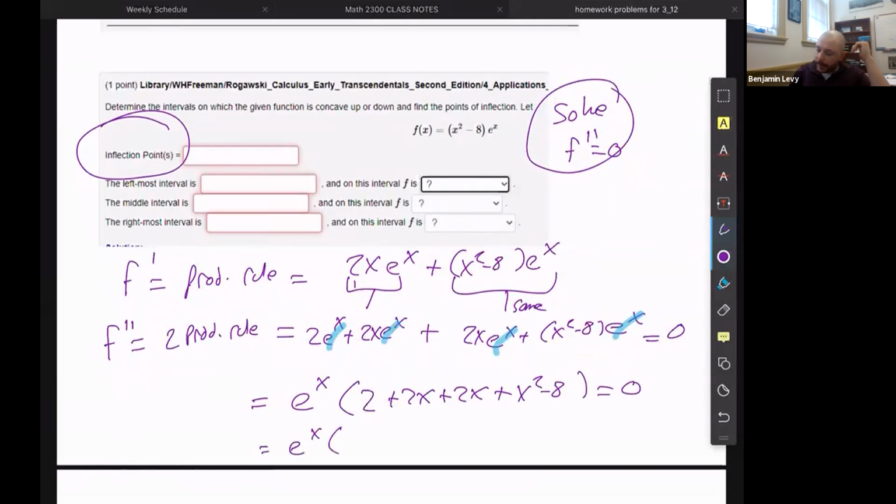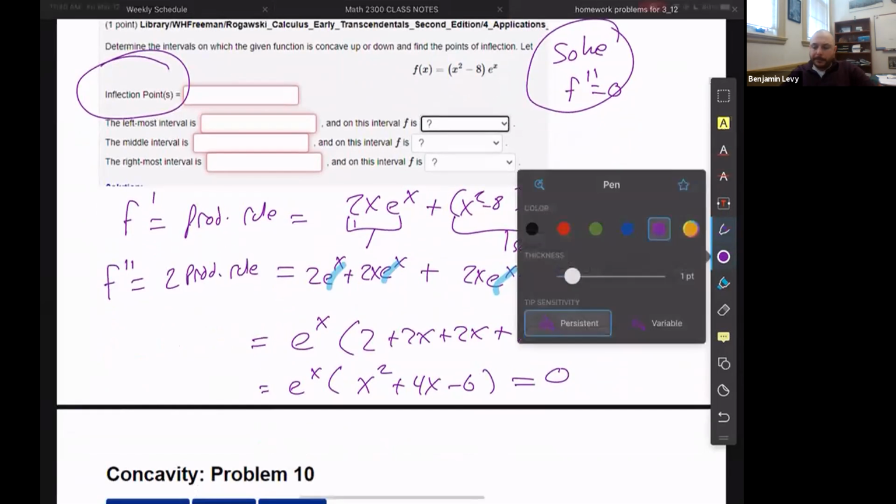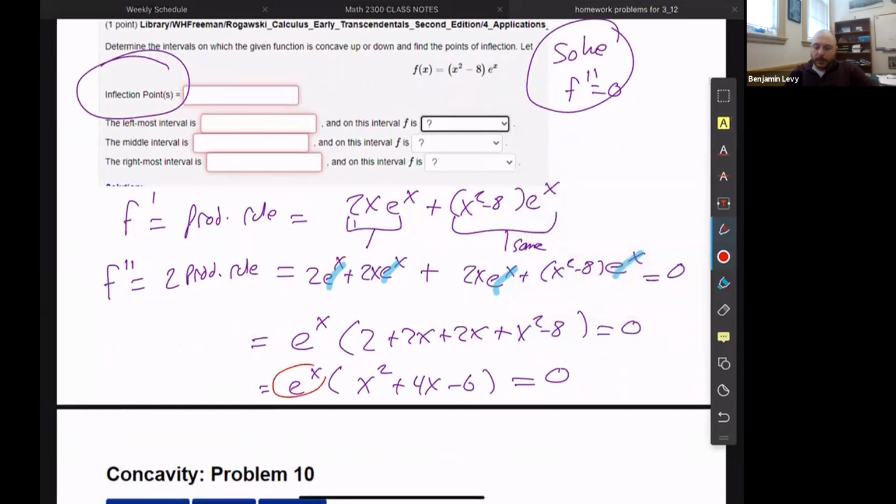In other words, x squared plus 4x minus 6. Right, not so bad. I'll let you think about this one more, but I'll just go ahead and tell you this one. This is never 0, right? E to the x is never 0. And so you're going to get 2 inflection points from the middle part.